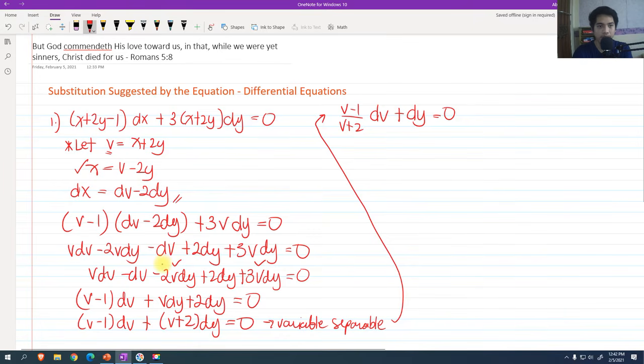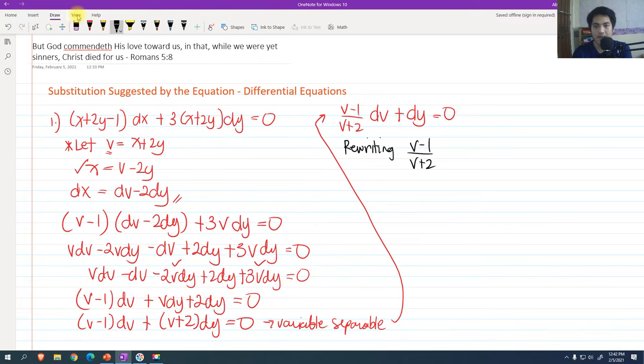If we integrate this directly, we will have a hard time integrating it. The v minus 1 all over v plus 2 is very hard to integrate, actually. You cannot use substitution or partial fractions or whatsoever.